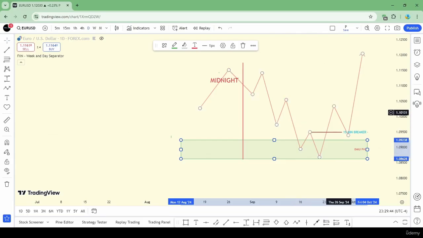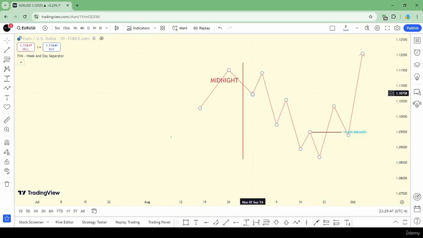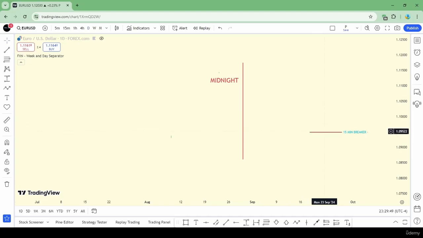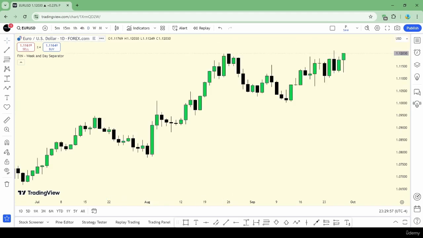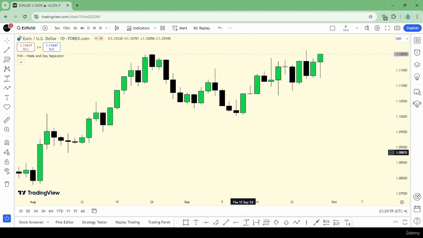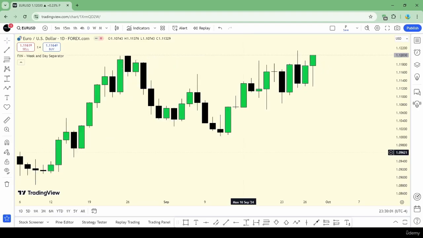So in this scenario, we are looking for the market to bounce and to move higher. So for a bullish scenario, let us go and look for examples. This is our daily chart, and what we are saying is for a bullish scenario. So this is it.